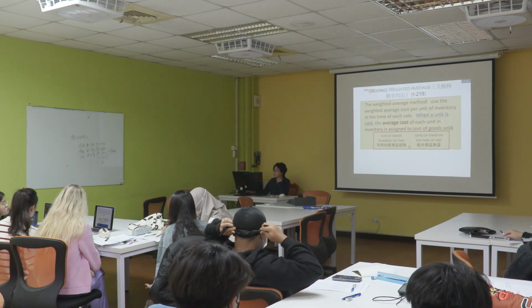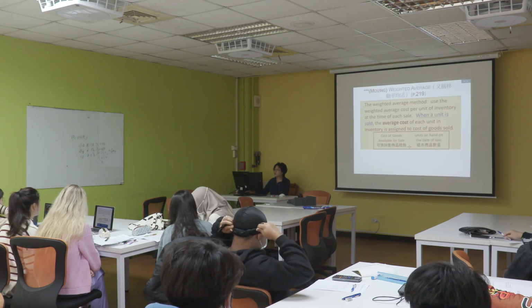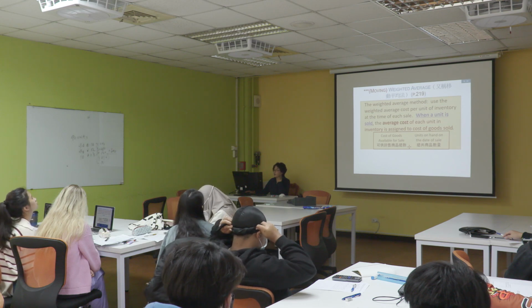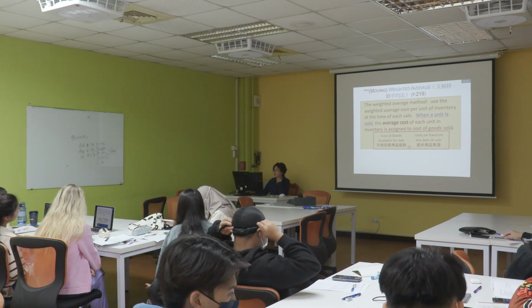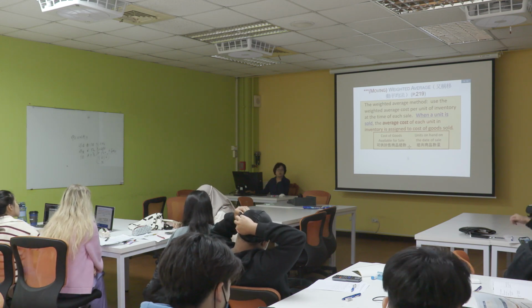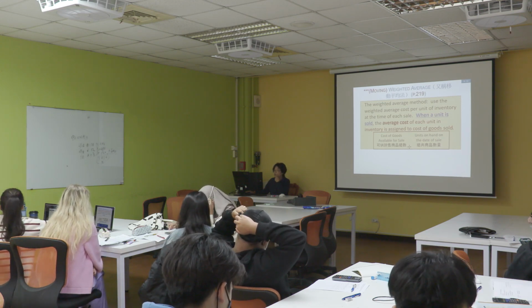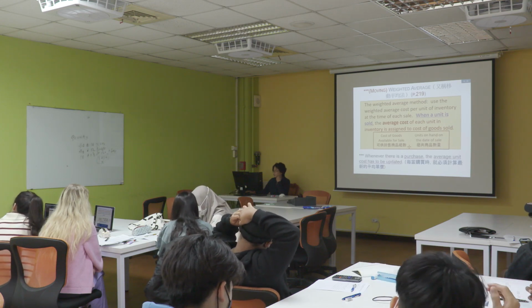We have the practice already, and the moving weighted average. Okay. When a unit is sold, an average cost of each inventory is assigned to the cost of goods sold. So the formula is total cost of goods sold divided by total goods. Okay.